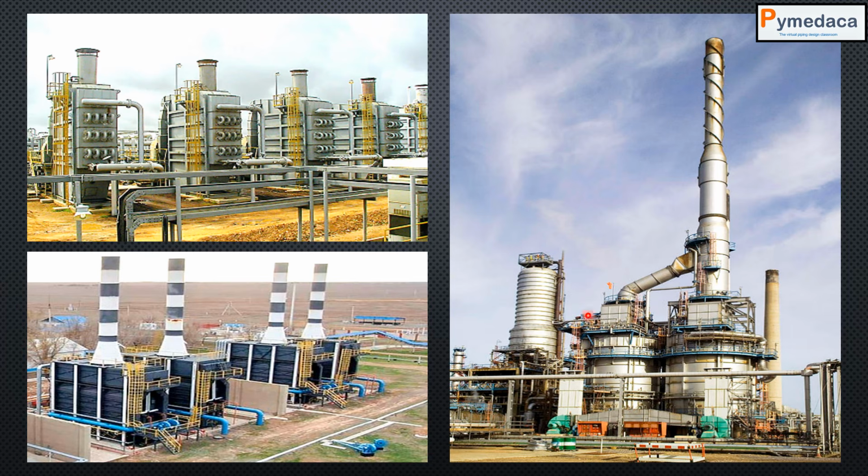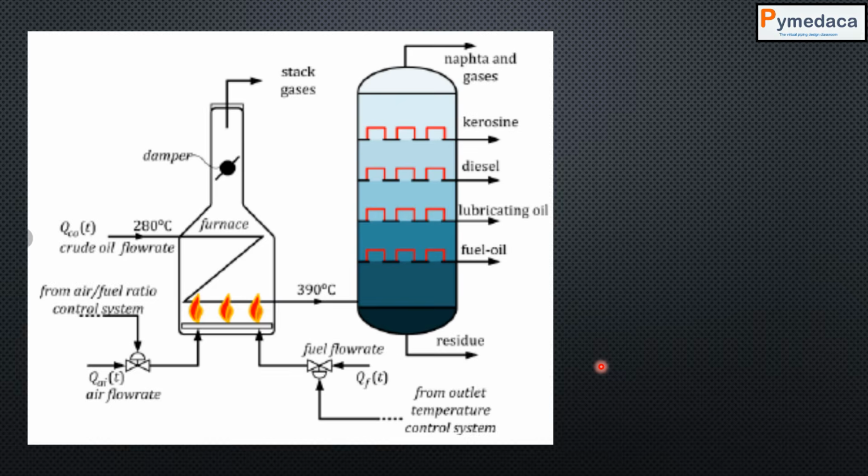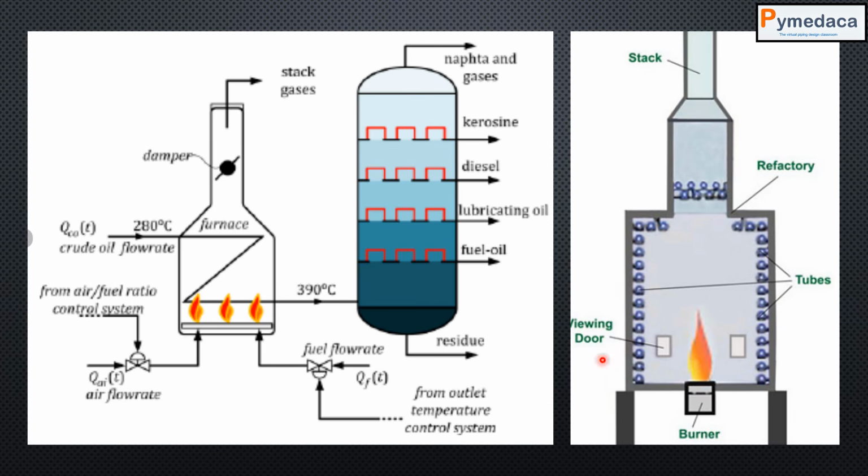This includes blowers. It's basically a package generally designed by a particular vendor. Generally the design engineers who work in oil and gas review the vendor package and provide comments based on their previous experiences. So this comes as a package from the vendor, but ultimately as a piping design engineer, our intention is to find the nozzles of these furnaces from where the inlets and outlets are being connected.